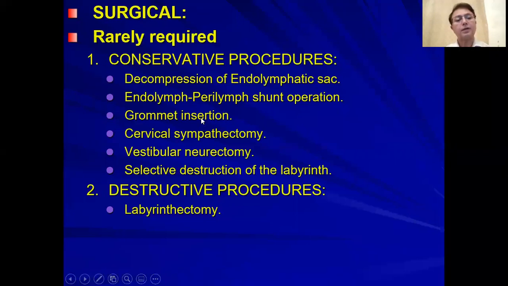People have tried grommets because nothing exactly is known about its pathology. Initially, cervical sympathectomy was tried. Selective vestibular neurectomy, the Gay-Sachs operation, is another very selective procedure where hearing is not disturbed.